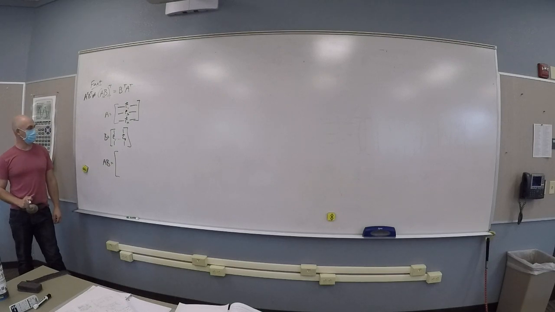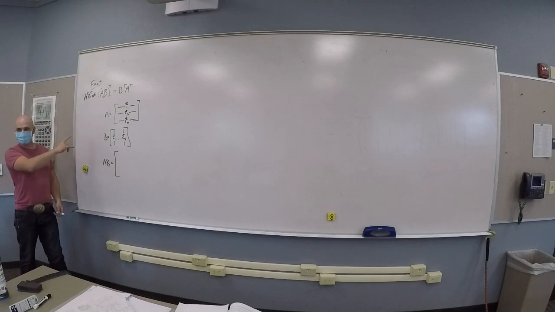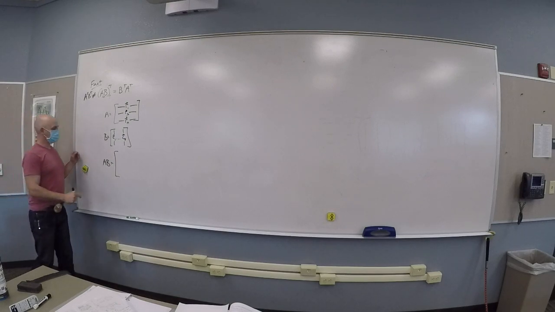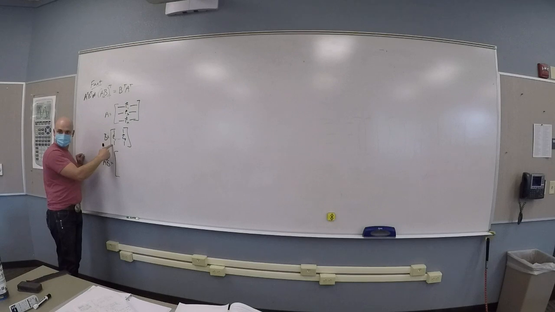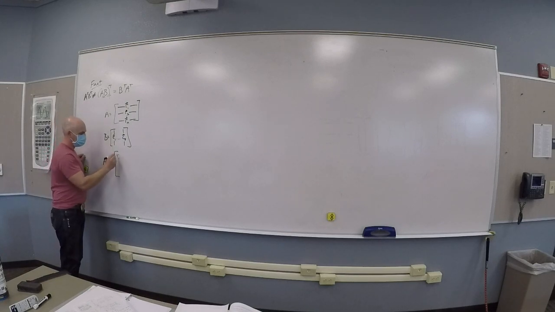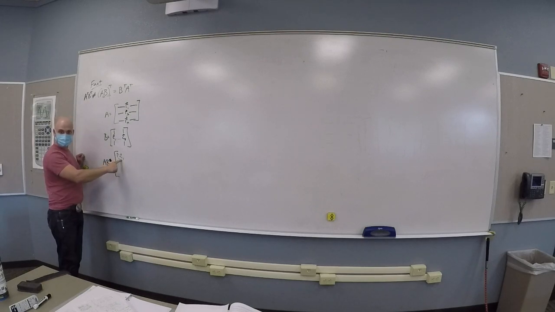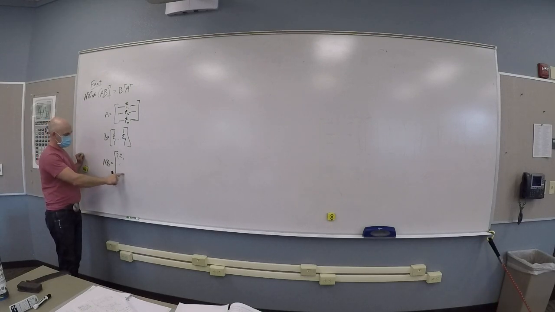Okay, so if I compute myself AB, I'm going to pick columns up and drop them onto A, right? So this first column in AB is going to be the matrix A done to the first column of B. So that's going to be row 1 dot column 1, where row 1 came from A and column 1 came from B. And then all the way down here, what's the last one gonna be?